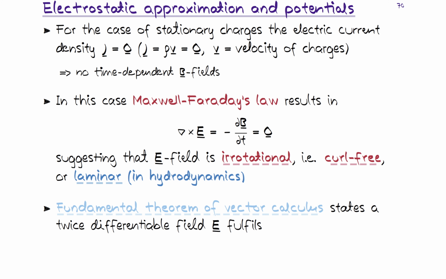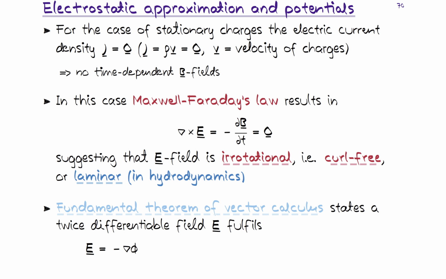And this is a good thing to remember. This is also known as the fundamental theorem of vector calculus, and it sounds very important, and in fact it is. What this statement says is that when we have an electric field that is twice differentiable, of course, like in our case, the E field can always be decomposed into two different contributions.